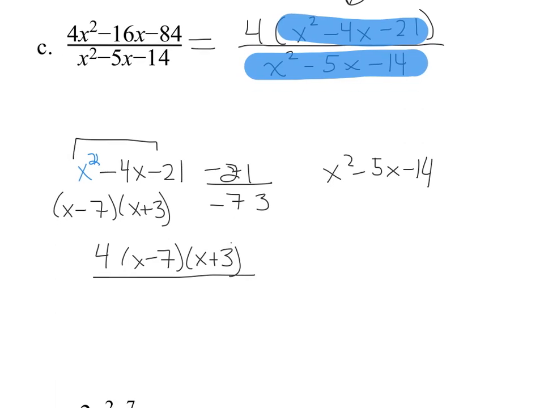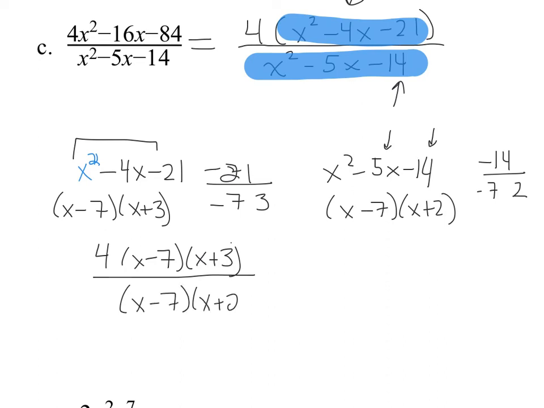And we know it's negative 14. So I'm thinking, are there two things that multiply to negative 14, add to negative 5? Remember, if it's 1 in front, it multiplies to this, adds to this. And that would be negative 7 and positive 2. So it would factor as x minus 7, x plus 2. So that's the bottom here. So I'll put that here.